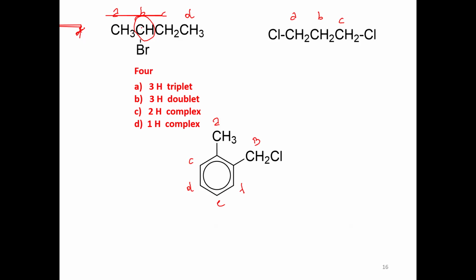This CH2 is coupled with this one, and also with the CH3, so it has to be a complex multiplet as well. And then you have a triplet for this one.